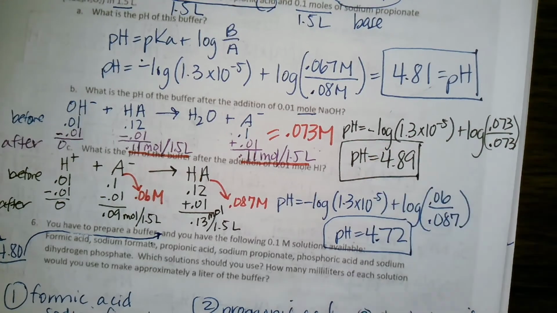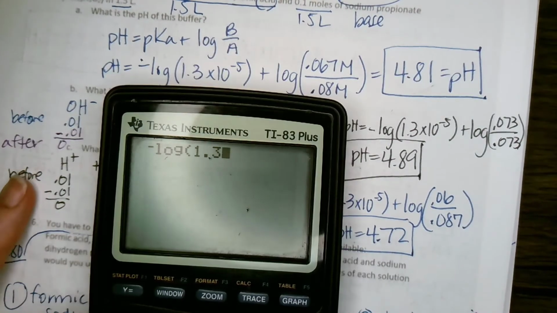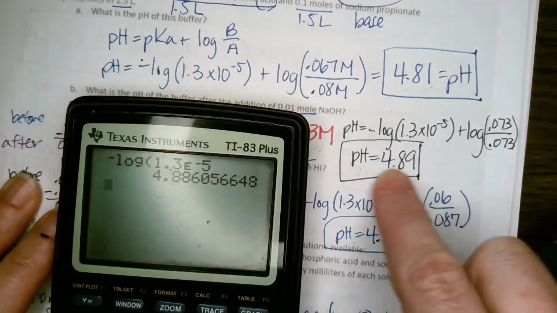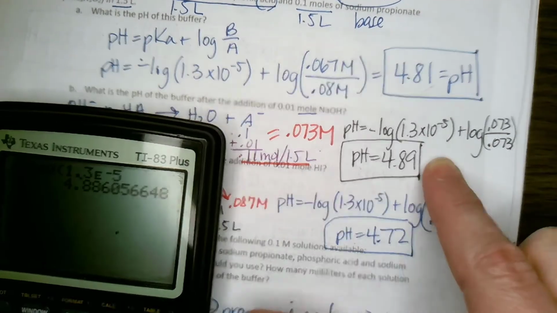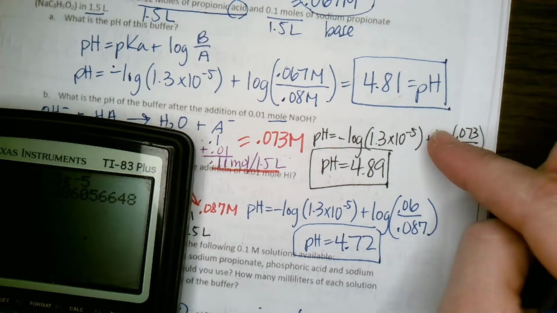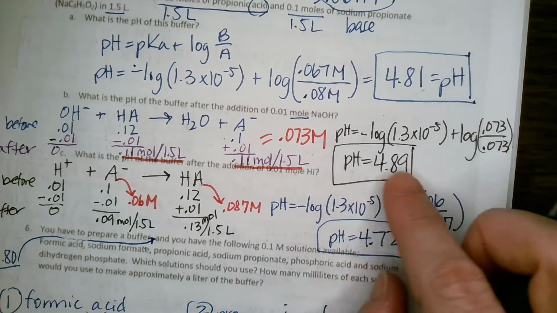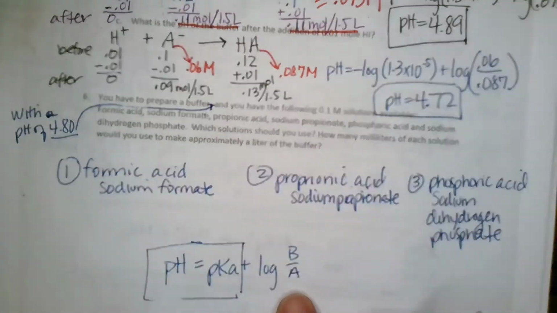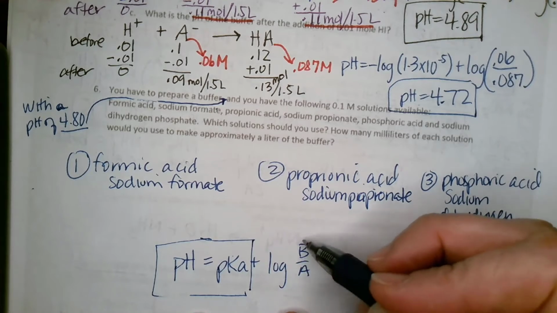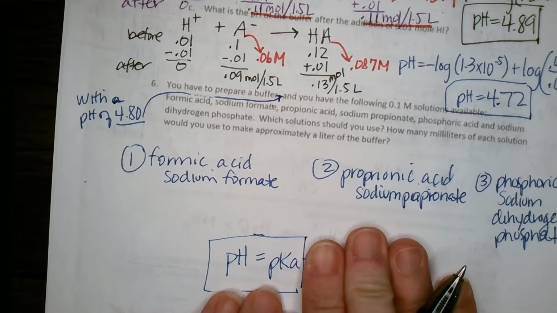Remember when we did the negative log of 1.3 times 10 to the negative 5? We got 4.89, which is equal to, if we added the log of both of those being the same concentrations, that just became nothing. So the ideal situation is when pH is equal to pKa. We would love for the base and the acid to have the same concentration to make this happen.